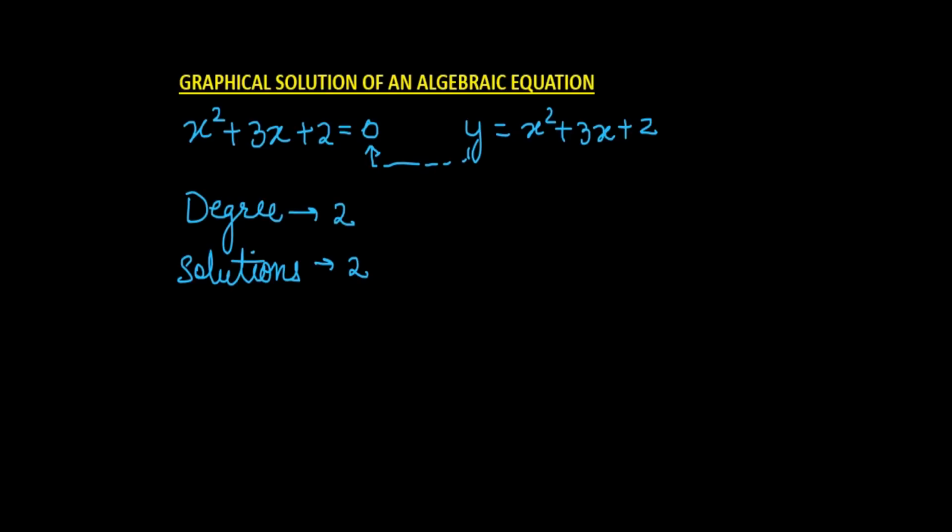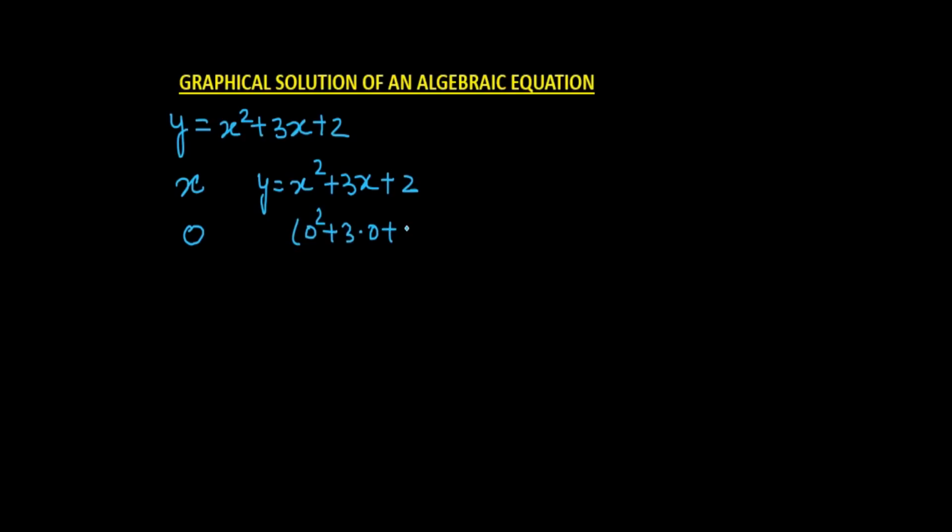Okay, we'll try plotting it. So let us write the equation again here. Y is equal to x square plus 3x plus 2. Take x values and the corresponding y values by substituting here in this equation. So when x is 0, we get 0 square plus 3 into 0 plus 2, which gives you a 2.